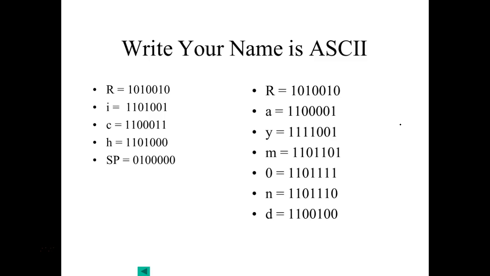Space is 20 base 16. And a lot of times you can look. When I did HTML, I think you put a % sign in front of an ASCII code.